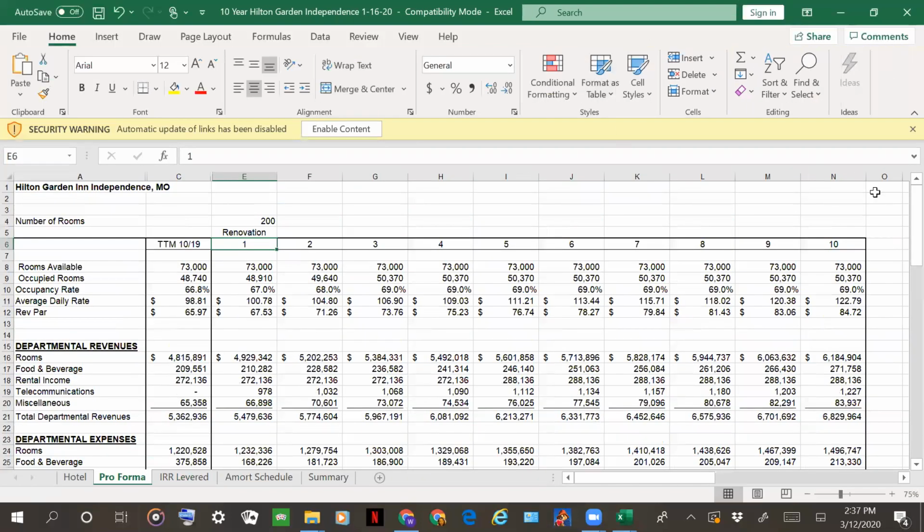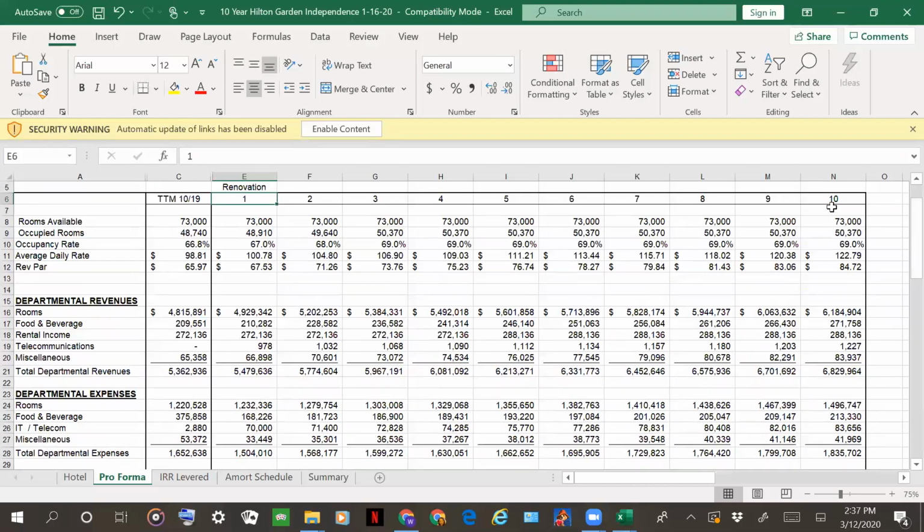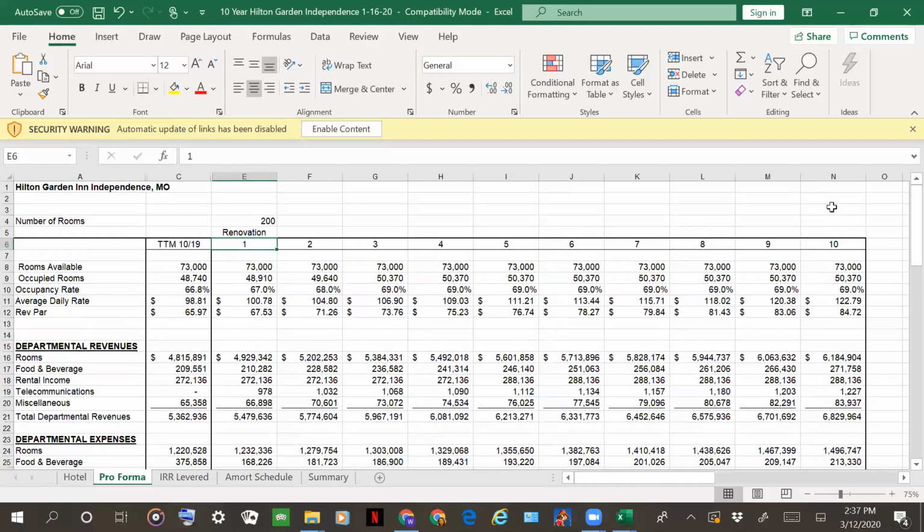Now, what you see here is this has 200 rooms, right? And currently the occupancy is at 66% with an average rate of 98.81 ADR. It's grossing 4.8.